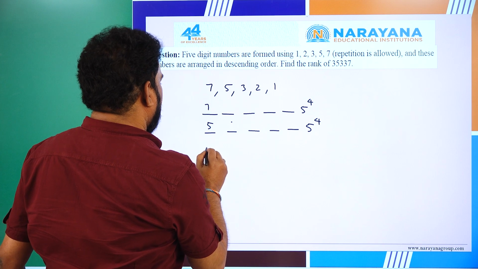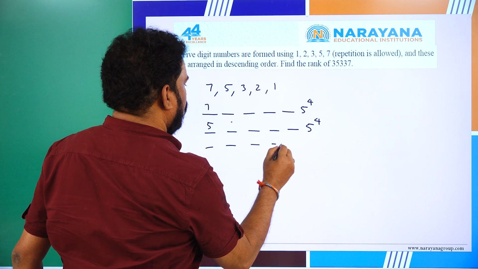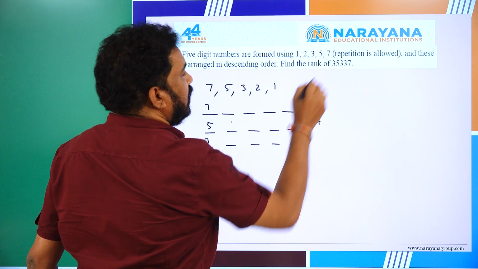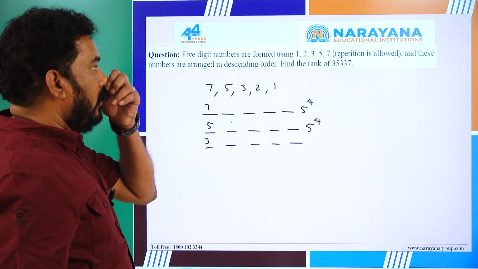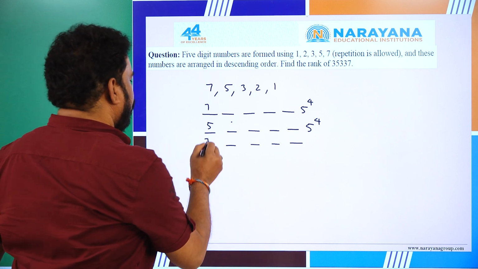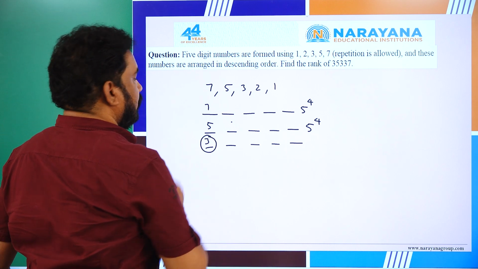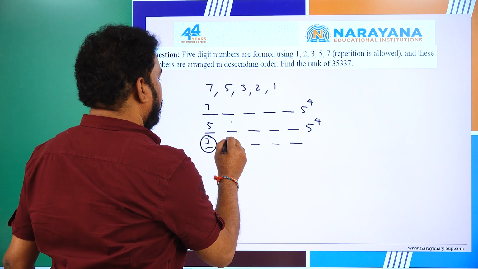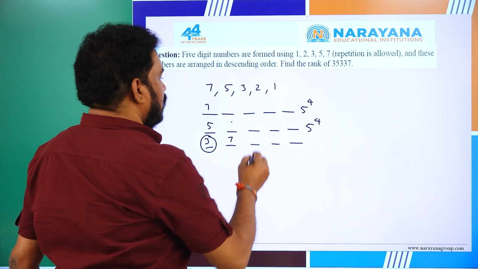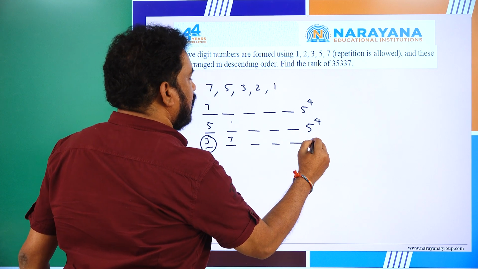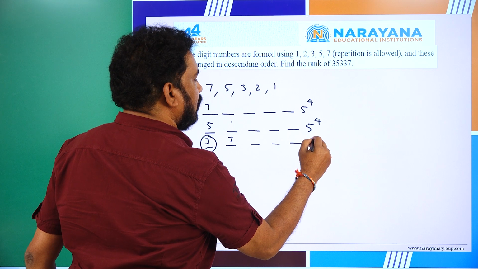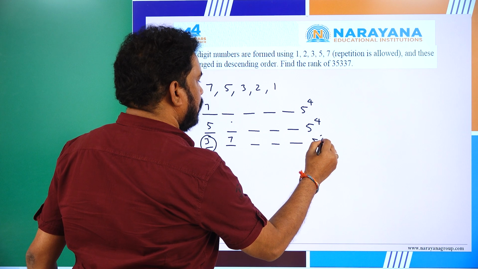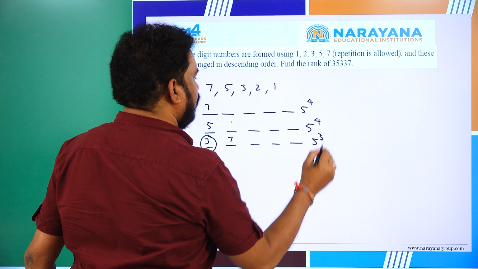Next, we have to start with 3. Already we need the number 3, 5, 3, 3, 7, so you fix it. Again we have to start with 7. We started with 7, so again these 3 places can be filled in 5 into 5 into 5, so that is 5 cube ways.